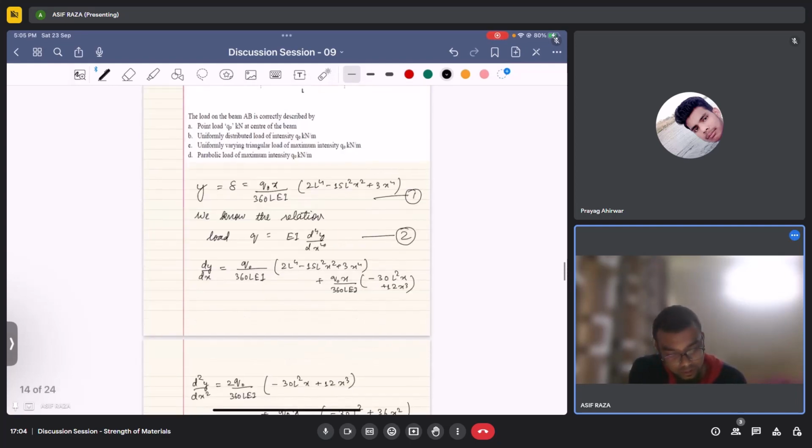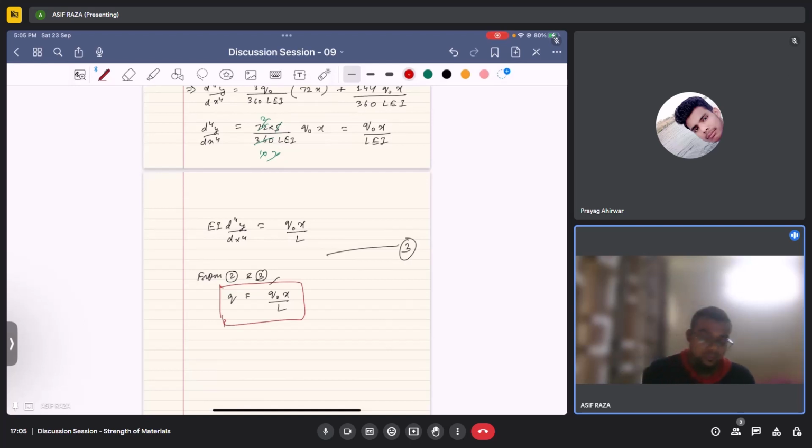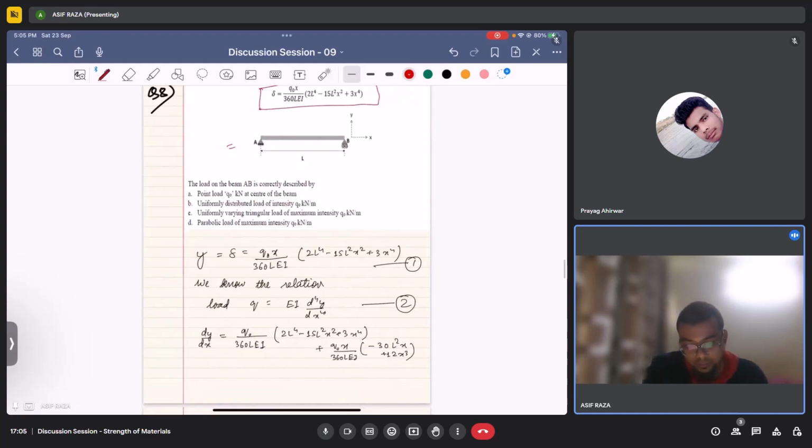So from 2 and 3, we can see our load q comes out to be q naught x by L. So this is for sure cannot be the case for the constant load applied, or a point load applied at the center. So our q comes out to be q naught x by L.